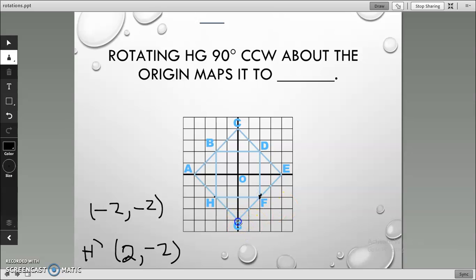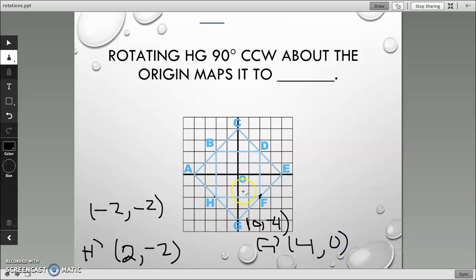All right, G is at 1, 2, 3, 4, so this is at (0, -4). Again, the formula for counterclockwise is going to give me (4, 0).